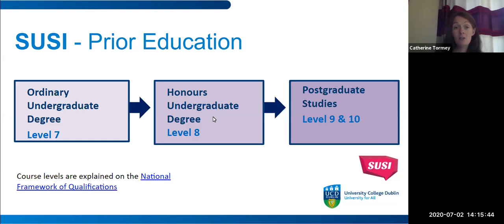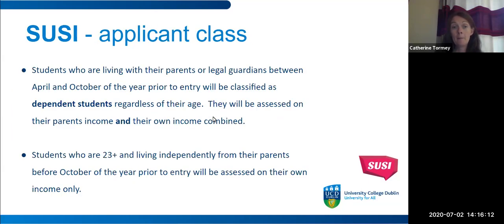So for the Free Fees Initiative, level 7 and level 8 are dealt with in one bubble, but for SUSI, the student who's moving from a level 7 to a level 8 is deemed as progressing. So this is really important. If you aren't eligible for the Free Fees Initiative under that criteria, you may be eligible for your full fees, not just your student contribution, but also the undergraduate tuition charge to be covered by SUSI. So if you fall into that category of holding a level 7, please do get in touch with me.